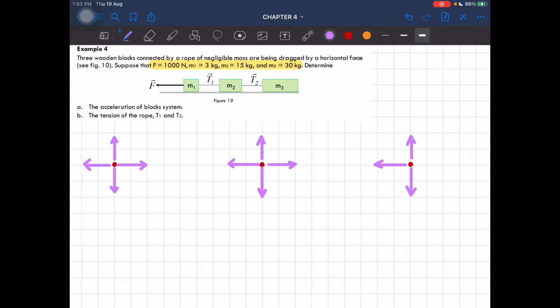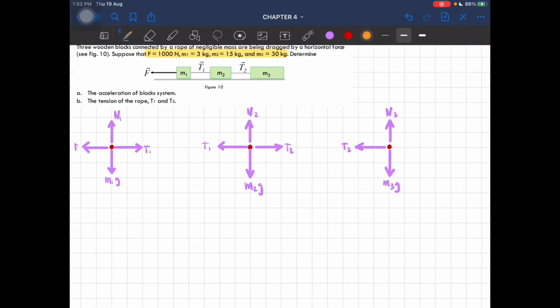Okay, so that is that. Now let's write it down. M1G, T1, N1, F. M2G, T2, N2, T1. And then M3G, T2, N3. Okay, so that's the free body diagram.